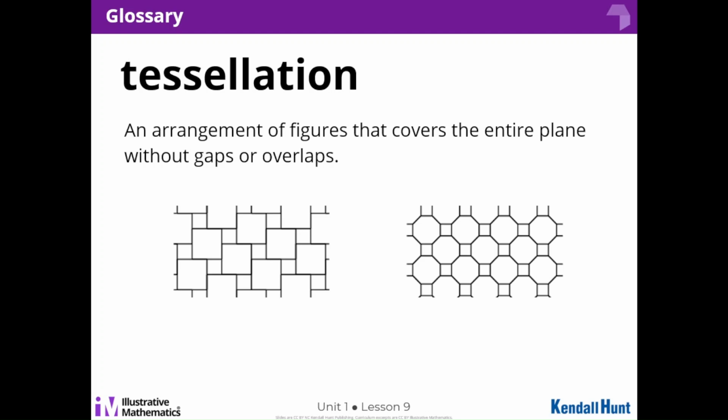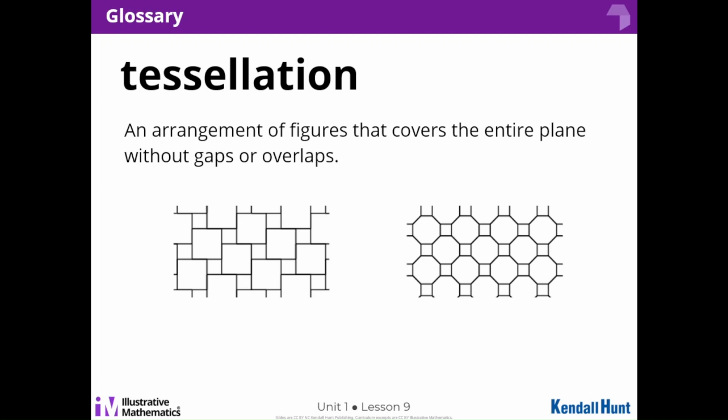Something like tile in housing. So tile in a shower, tile as the backsplash in a kitchen, behind the sink, around the cupboards. You're going to see a lot of these tessellations, which means they take a couple of different figures.